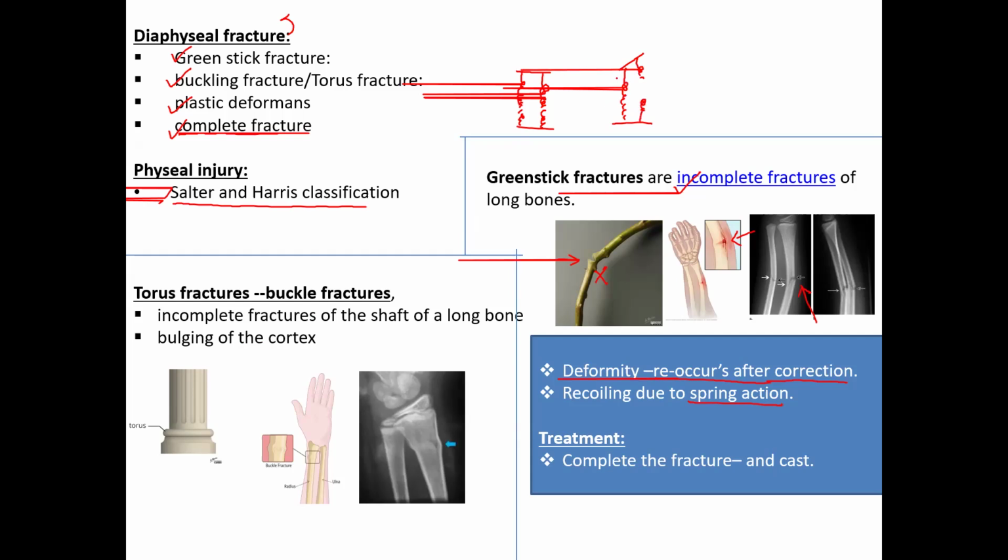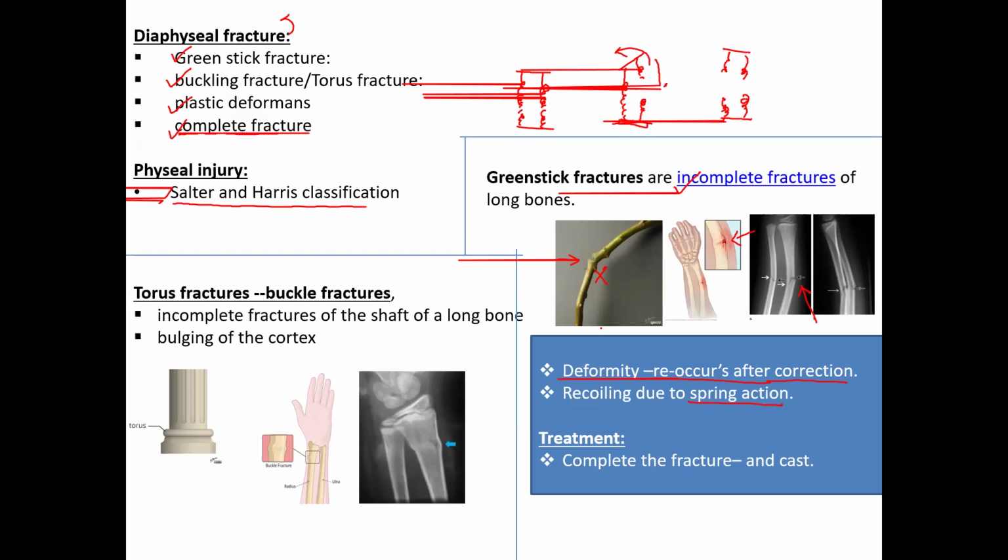So to bring it parallel, we need to break both the springs. Hope this is clear. If you bring it closer, again it will go away. So this is what happens in greenstick fracture.